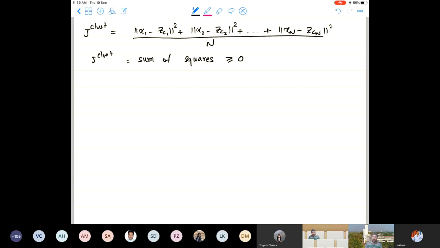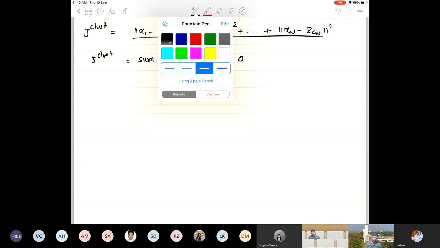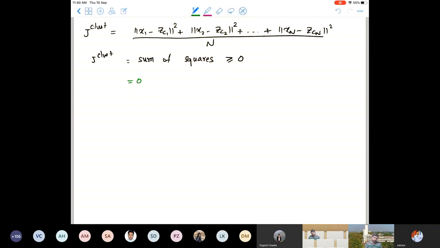So it is always going to be greater than or equal to 0. The best possible scenario, the minimum value for this, is actually equal to 0. So when will this value be equal to 0?